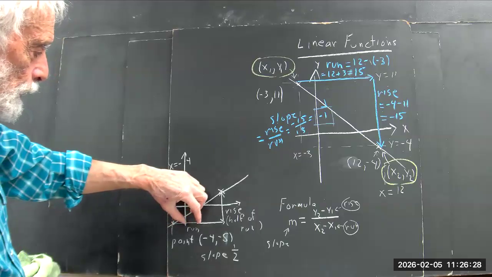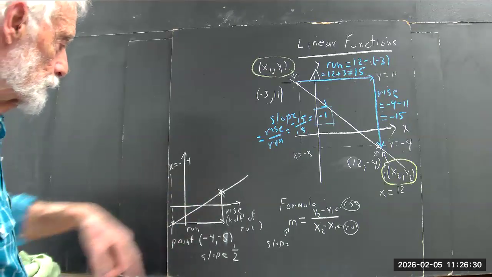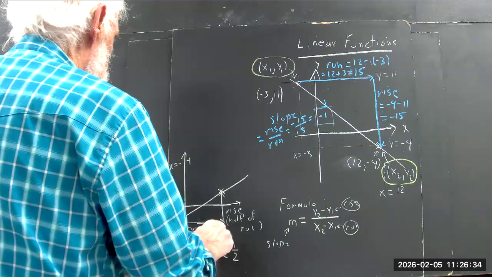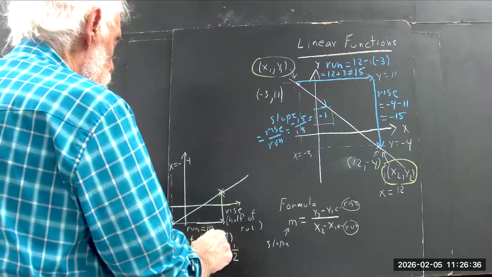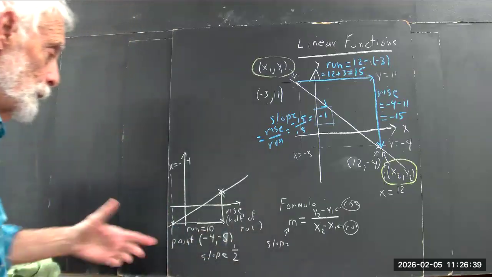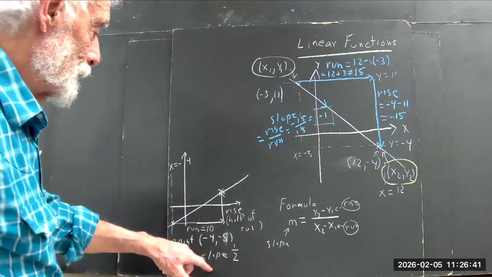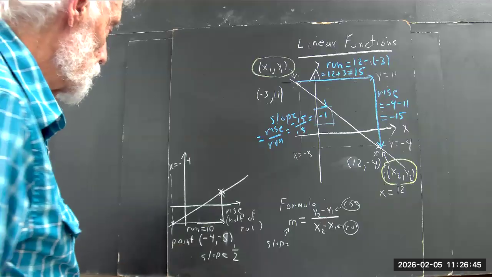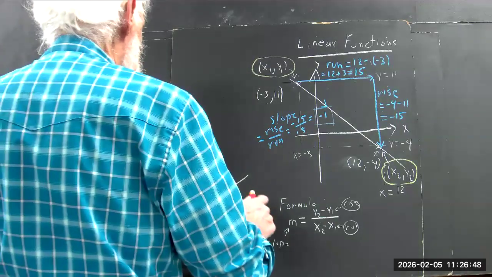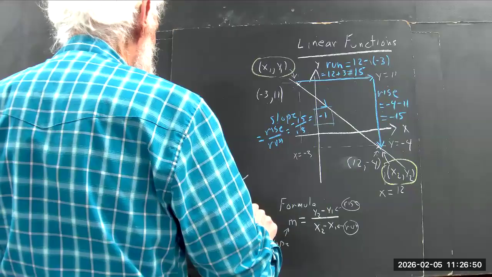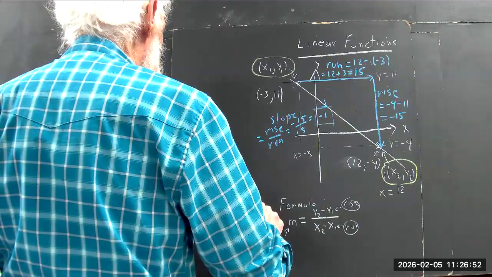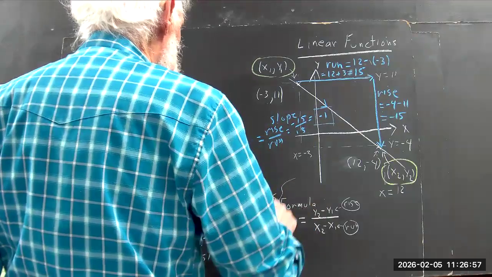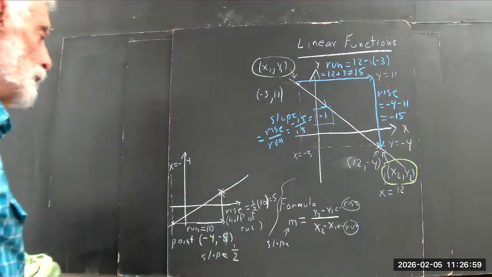If this is 4, and that's 4 more and 4 more, I'm going to say this is 10. Now you can use any run that you want. But once you know what the run is, the slope is going to tell you what the rise is. The rise is going to be half of the run in this case. So the rise is half of 10, which equals 5.